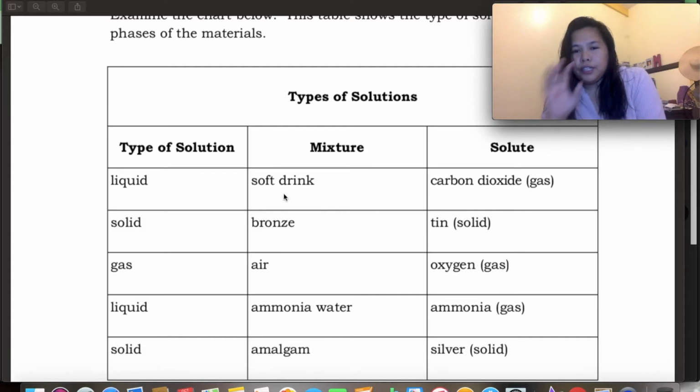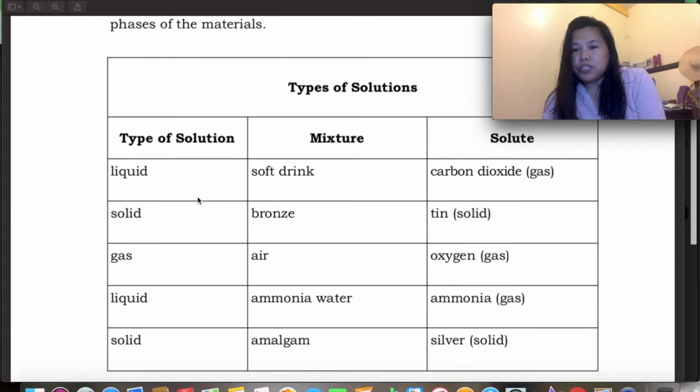First example here: the type of solution is liquid, and the mixture is soft drink. Not hard, but soft drinks, because soft drinks don't have that much acid or chemicals, although they are still harmful to our body and our health.